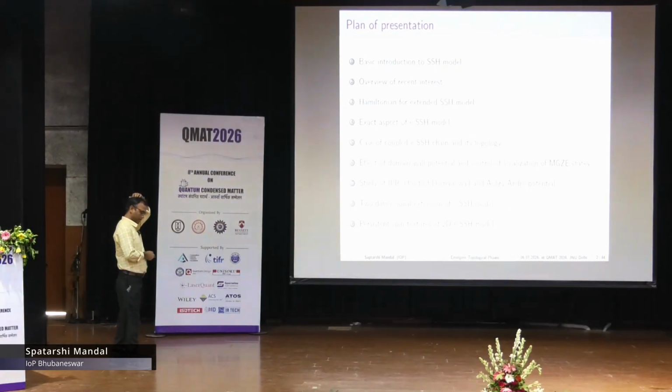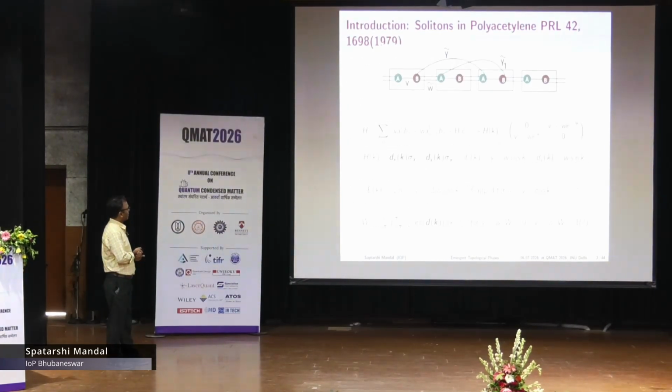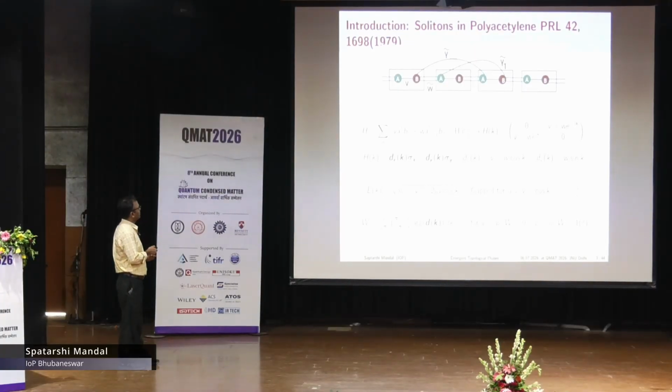Because we know that the SSH model was proposed in the 1960s. It is almost 60 years. The SSH model is a nearest neighbor hopping model that we all know probably, and it has dimer systems.